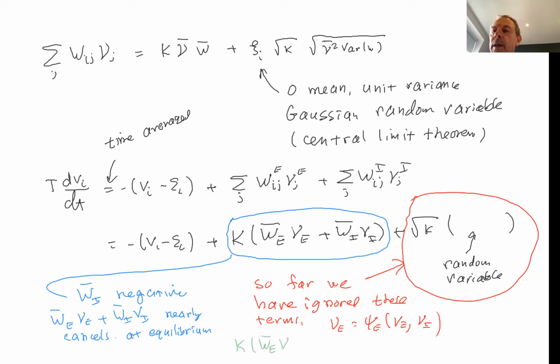And the reason is that when I say cancel, I mean wE bar nu E plus wI bar nu I is proportional to 1 over root K.